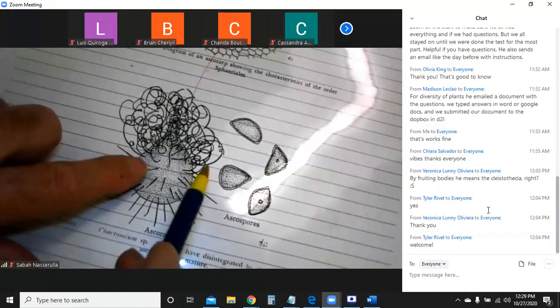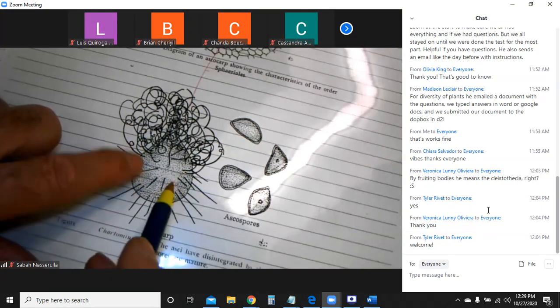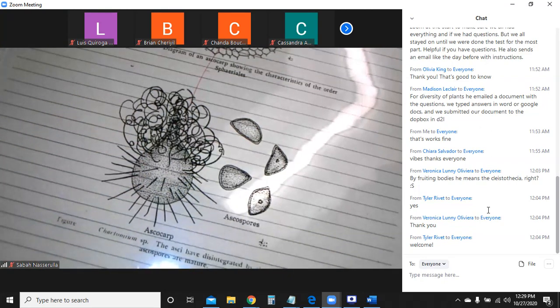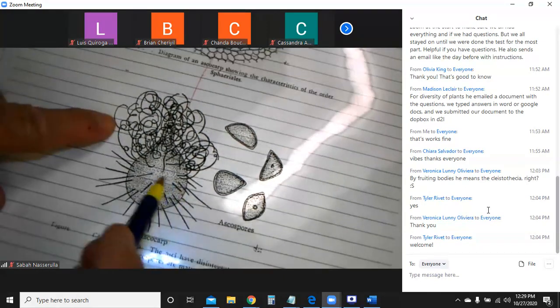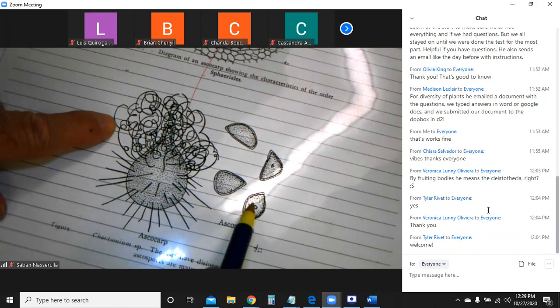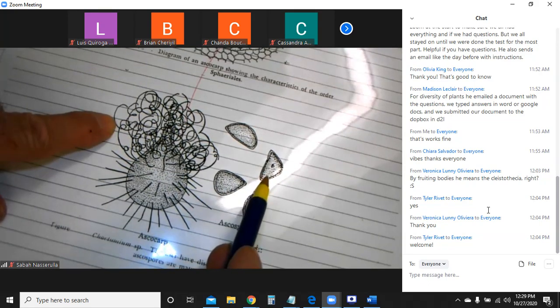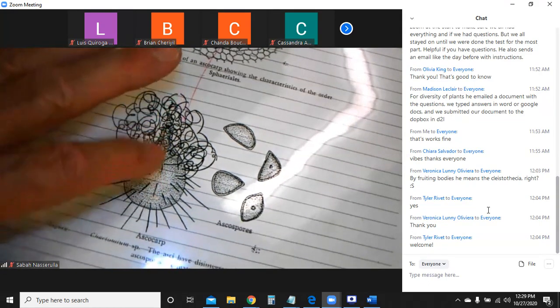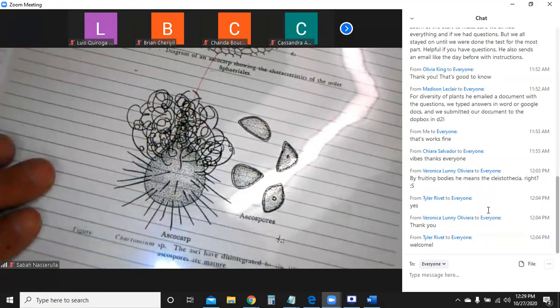The reason we mention it is that if they occur in the air and people breathe them, they cause a lot of allergy. Another characteristic is that their ascospores are lemon shaped. So I'm going to talk about this species, Chaetomium.